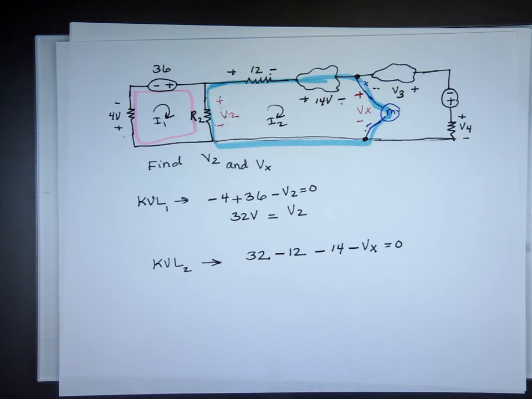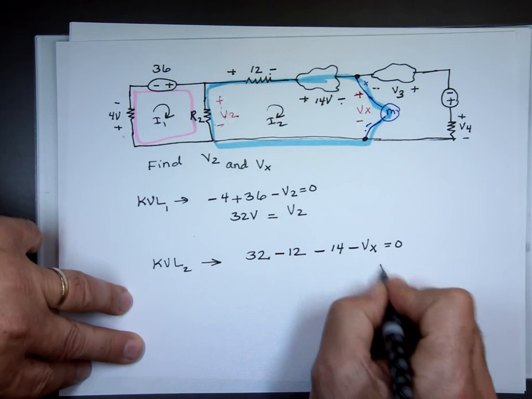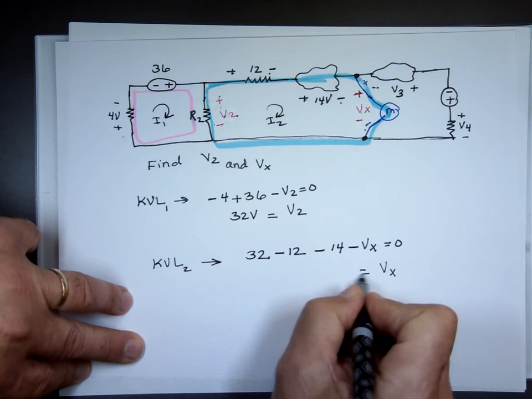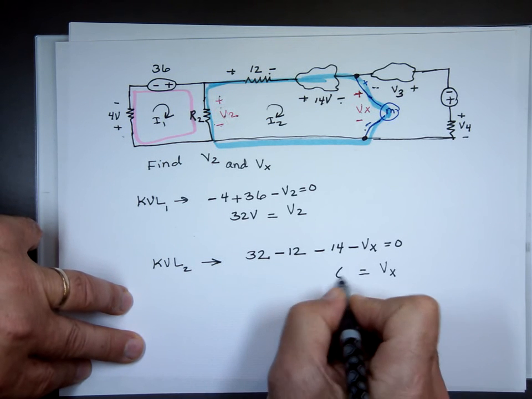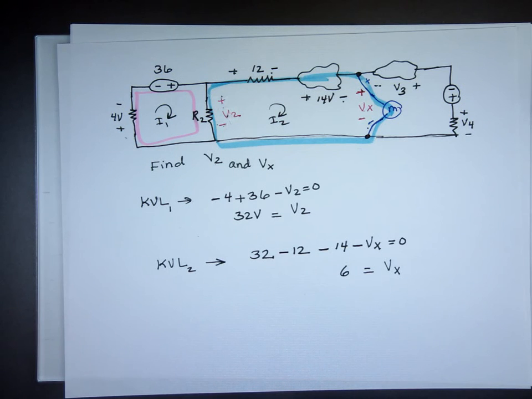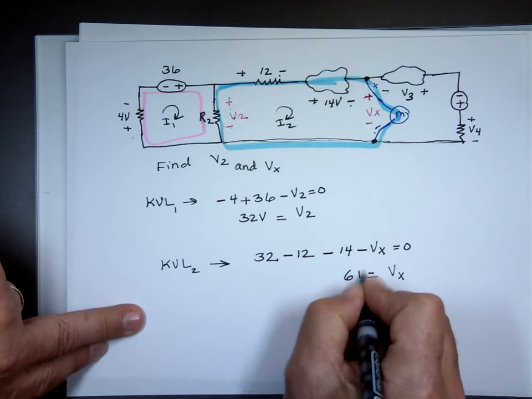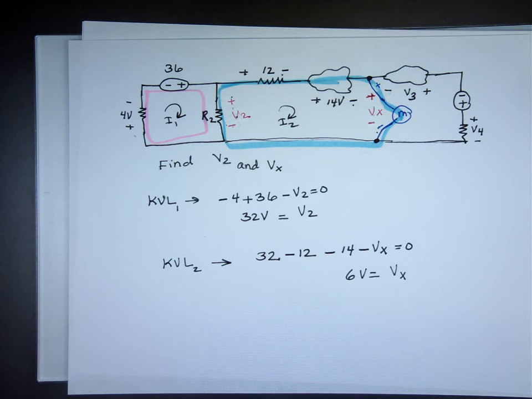So what is Vx equal to? 32 minus 12 is 20, 20 minus 14, is that 6? Six volts. So I'm using the sum of the voltage in a closed loop is 0.